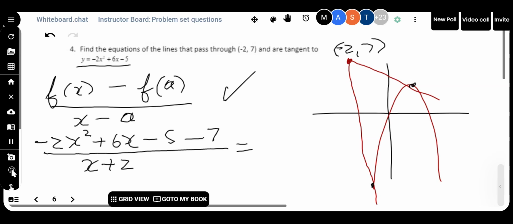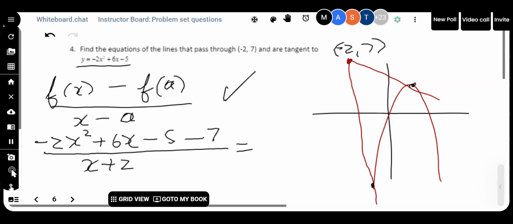All right. But we can also set that equal to something else that should represent the slope of this line that we're talking about, right? How else can we find the slope of a line apart from using this first principles method? What other tool do we have for finding the slope at a point on the curve -2x squared plus 6x minus 5?